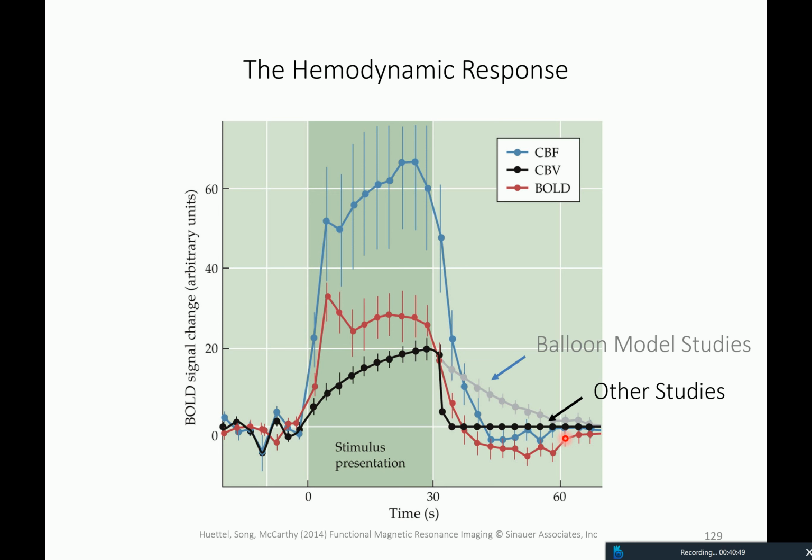So it's not that the community completely agrees on the initial dip and the post-stimulus undershoot, but that these things actually create research communities and literatures on their own. You can find a lot of papers that argue for or against the initial dip and post-stimulus undershoot.